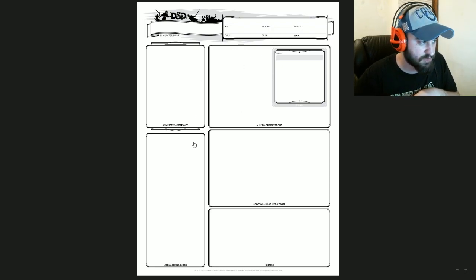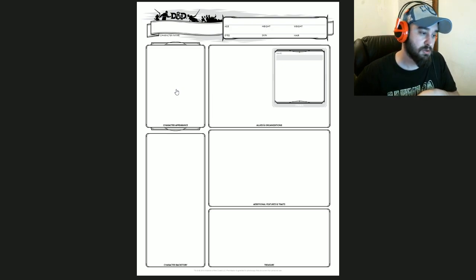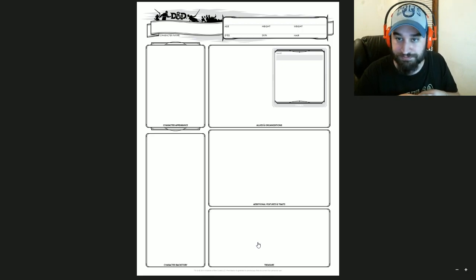If you want more space to write your backstory, you have plenty here. You have your character's appearance that you'll be able to describe to your friends, or if you're as lucky as me and have a friend that can draw really, really well, he can draw you if you explain to him what you look like. Also, if you find any treasure noteworthy, you get that right there.